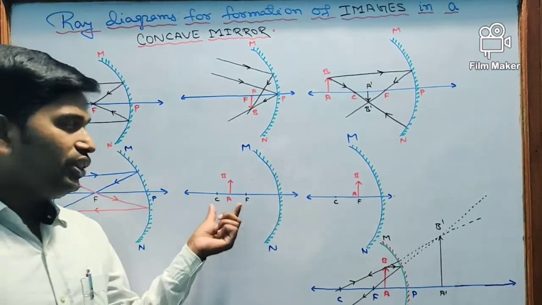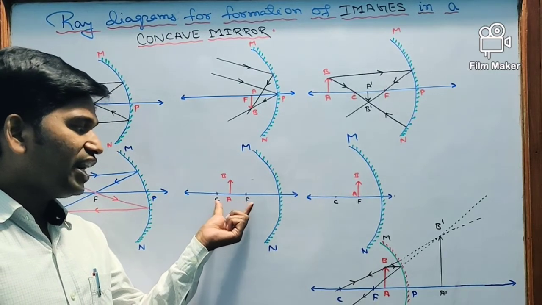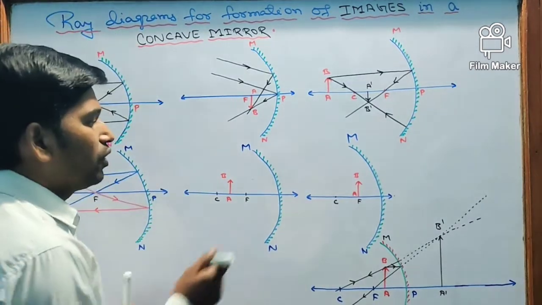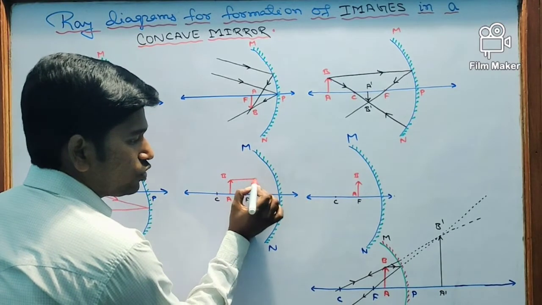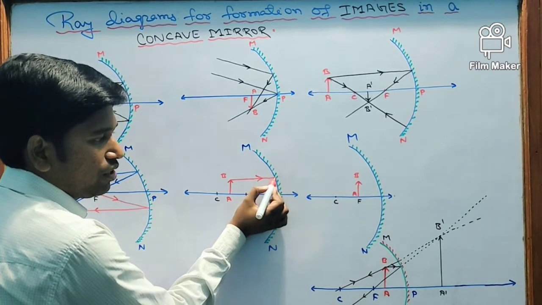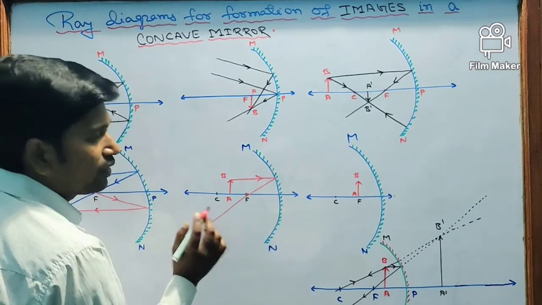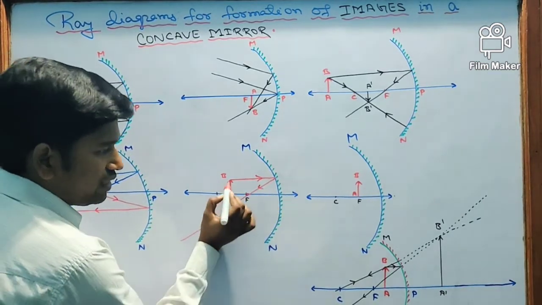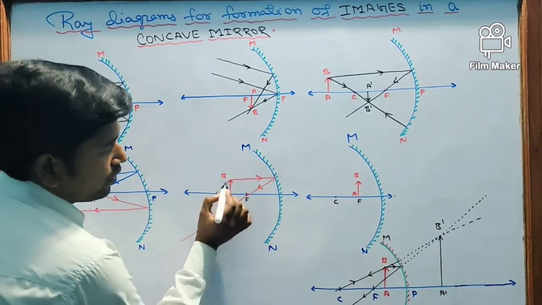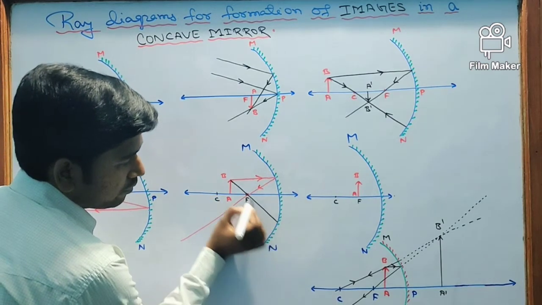Next, when the object is placed between center of curvature and focus. So again we will show two rays, one parallel to principal axis, passing through the focus, and one ray incident on the mirror through the focus.